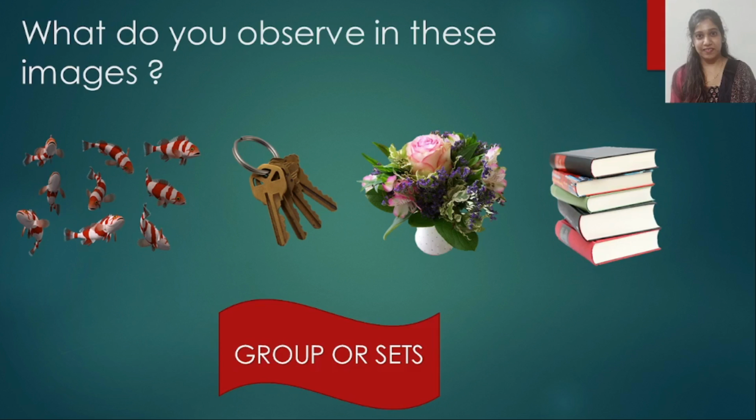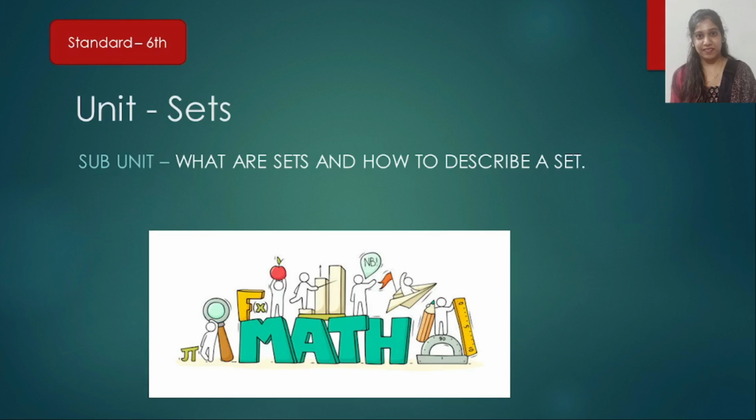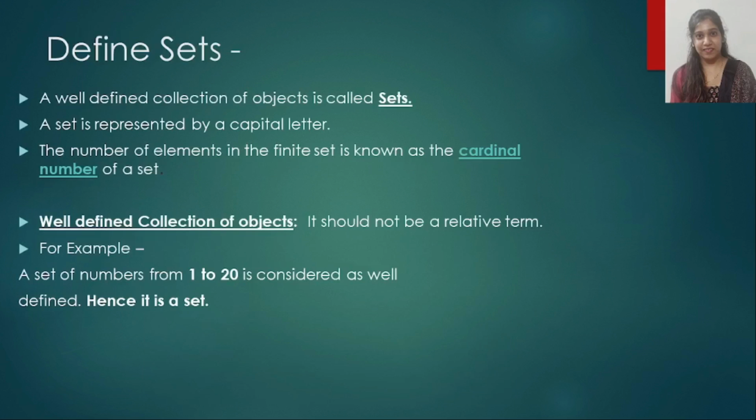So we need to learn more about sets and how we use sets. Our today's topic is sets. We are going to learn what sets are and how to describe a set. A set is defined as a well-defined collection of objects.